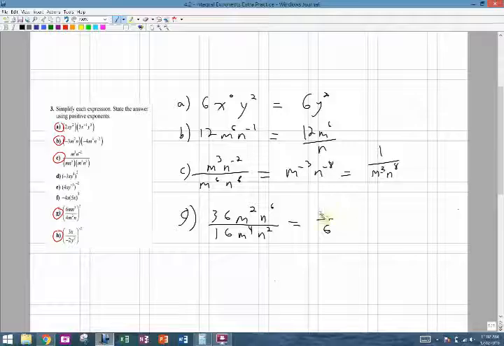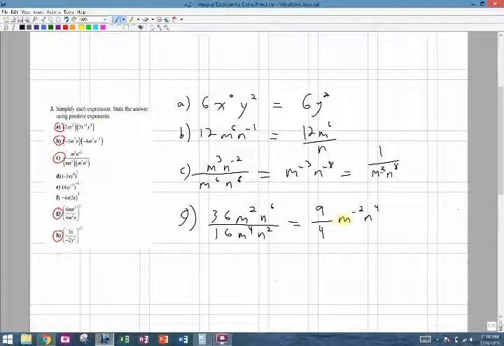Oh, 4 goes into both of them. I'm being silly. 4 goes into 36 9 times, and 4 goes into 16 4 times. And then we have m squared divided by m to the 4th. Subtract the exponents. 2 minus 4 is negative 2. N to the 6th, so 6 minus 2 is n to the positive 4.